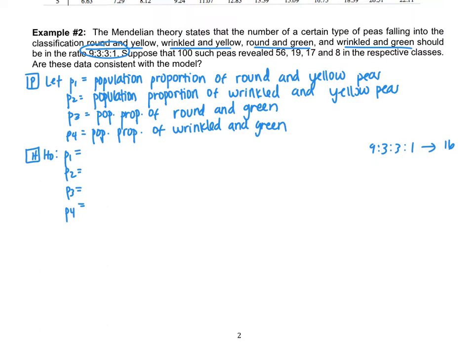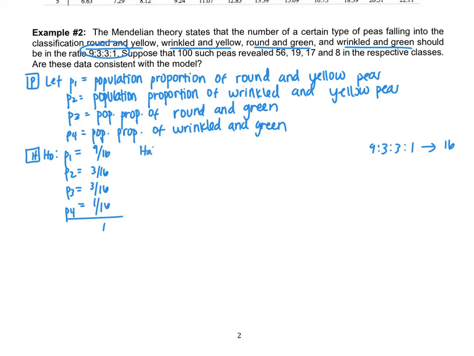So that means the proportion of round and yellow peas should be 9 out of 16. Wrinkled and yellow should be 3 out of 16, 3 out of 16, and 1 out of 16. And of course, those should sum to 1. So that is your null.